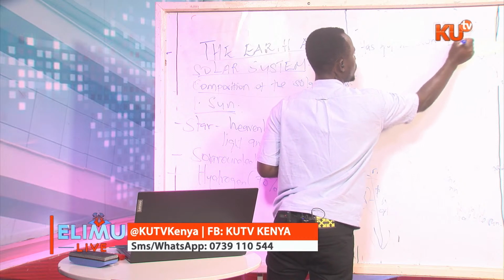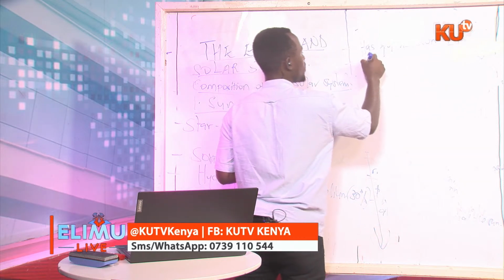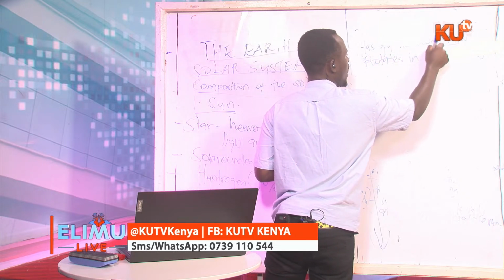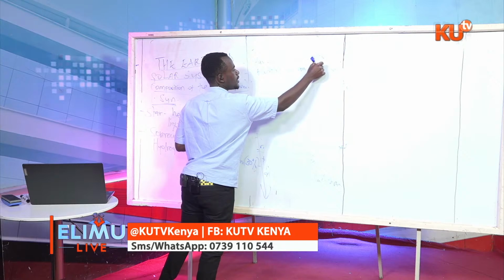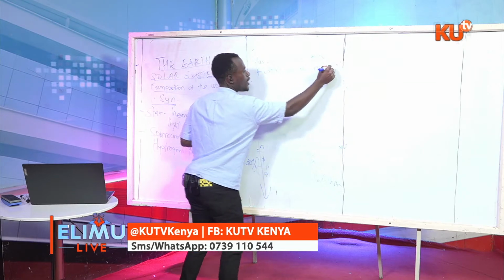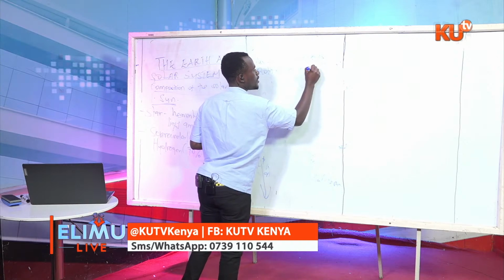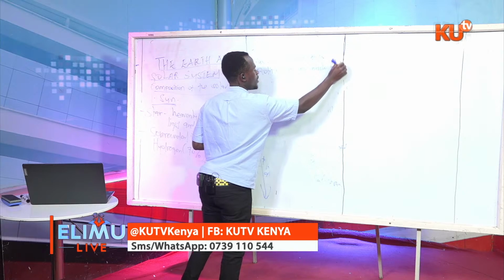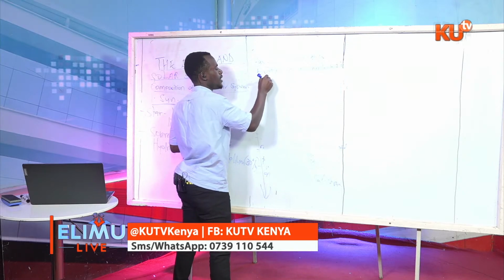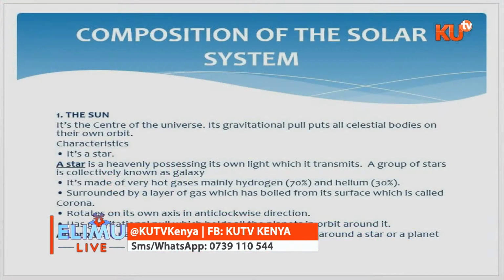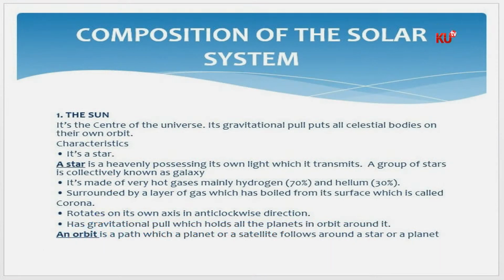It has got its own axis, and it rotates in an anti-clockwise direction. In anti-clockwise direction. So we have a term here, an axis.